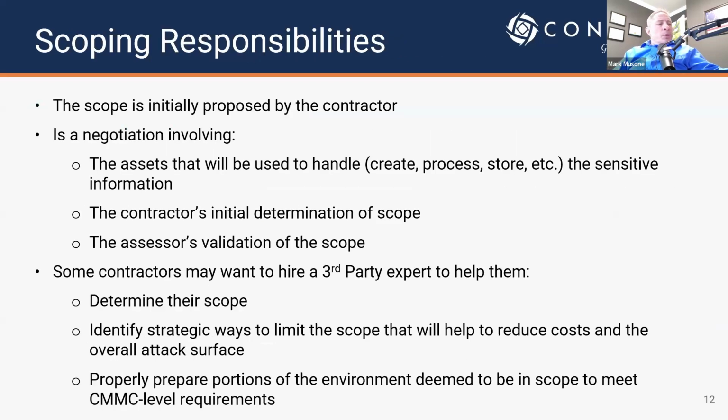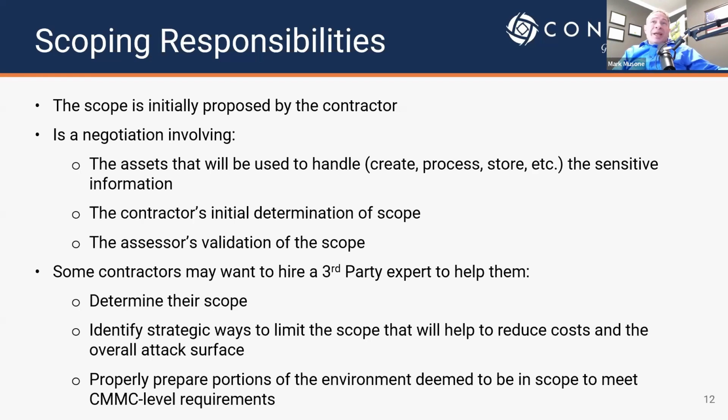The other thing is the scope is initially proposed by the contractor. So when you're going in and getting an actual certification assessment, it's not the case that the assessor comes in and determines your scope. No, as a contractor, you're going to draw a box around anything you want, and you're essentially going to the assessor and saying, give me a stamp of approval on this box I drew.